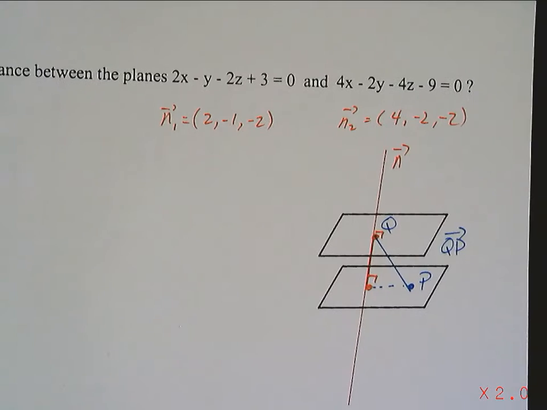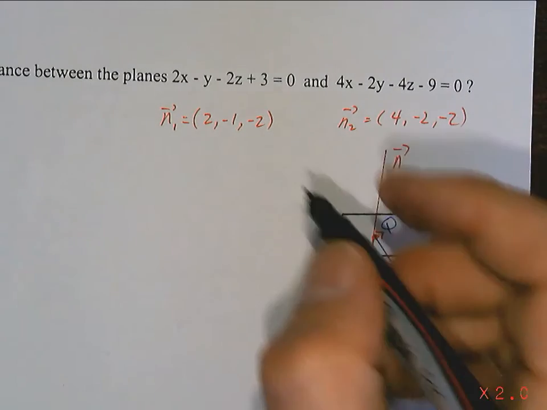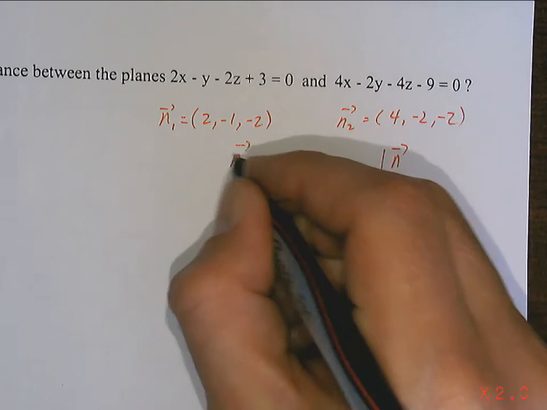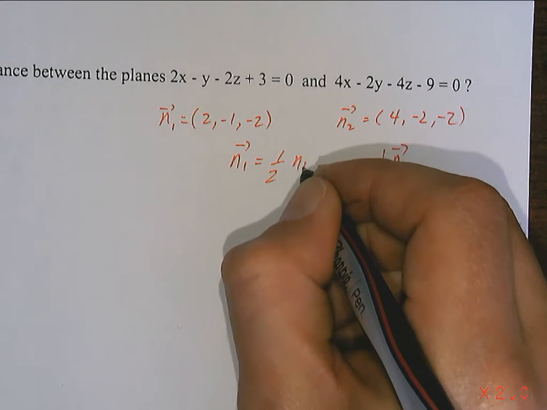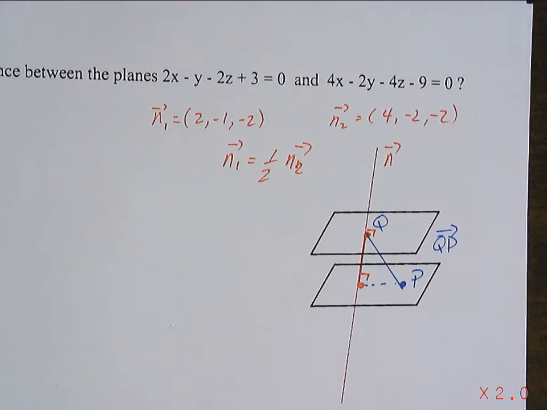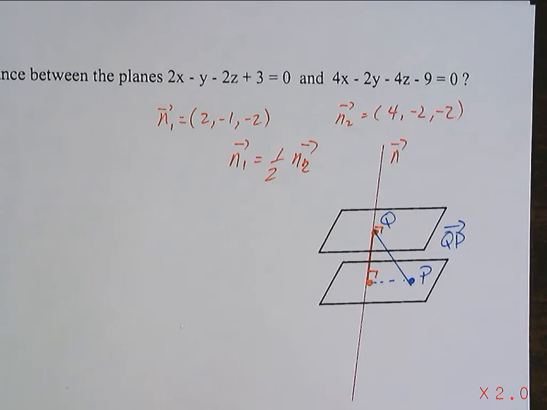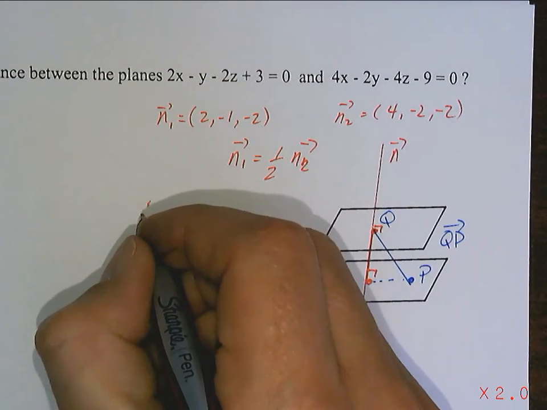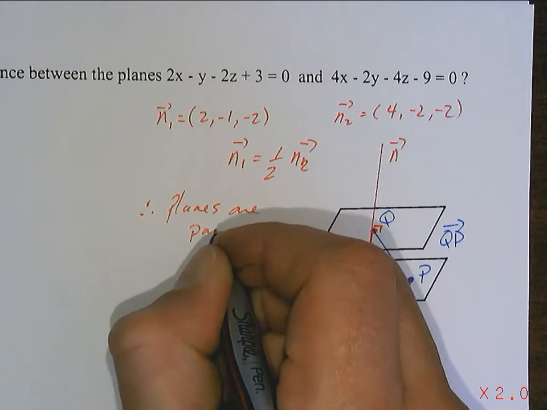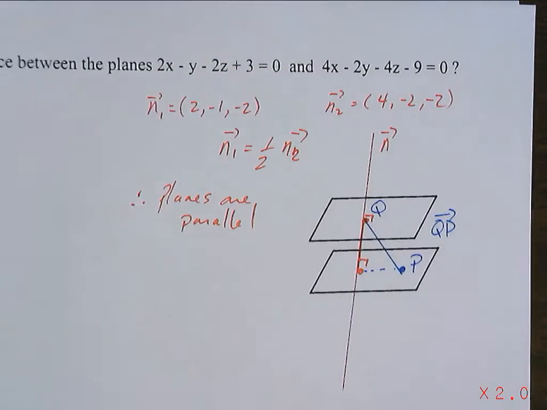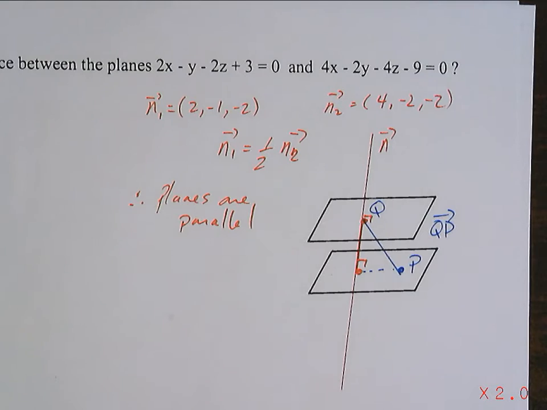Certainly normal 1 times 2 is equal to normal 2. You guys don't generally like me to write with fractions, but hey, I do things to bug you all the time. That will be the fact that they're scalar multiples, therefore they are parallel. Therefore, the planes are parallel.